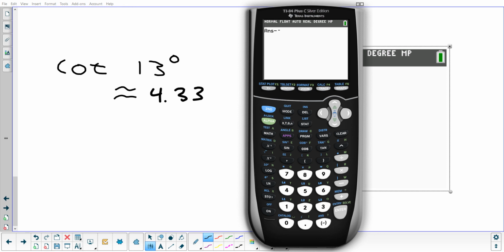So if you want to type in -6, you don't do this, the subtraction sign and then a 6. Subtraction sign means to take 6 away from the previous answer you had on the screen. If you want to do a negative, you use the button right below the 3. -6. Okay, so just make sure you know the difference between the minus and the negative. They're different buttons. Okay, any questions on that?